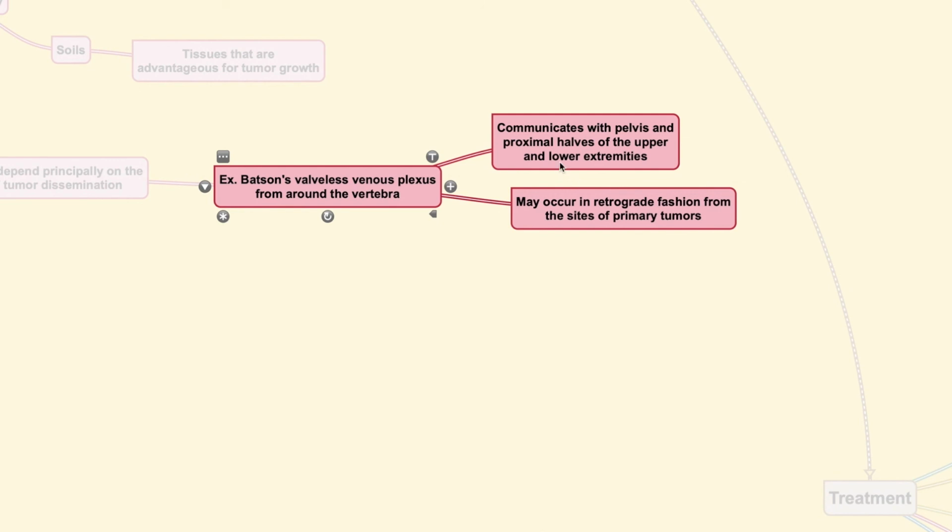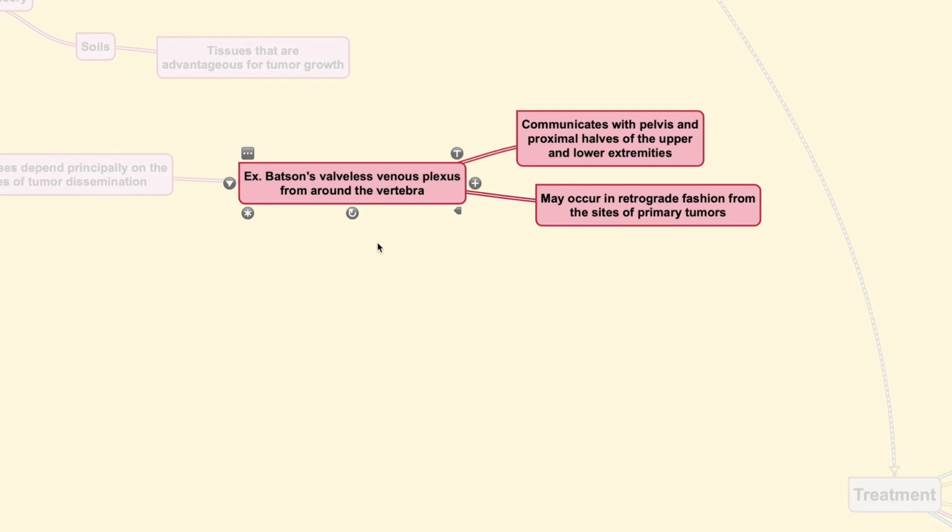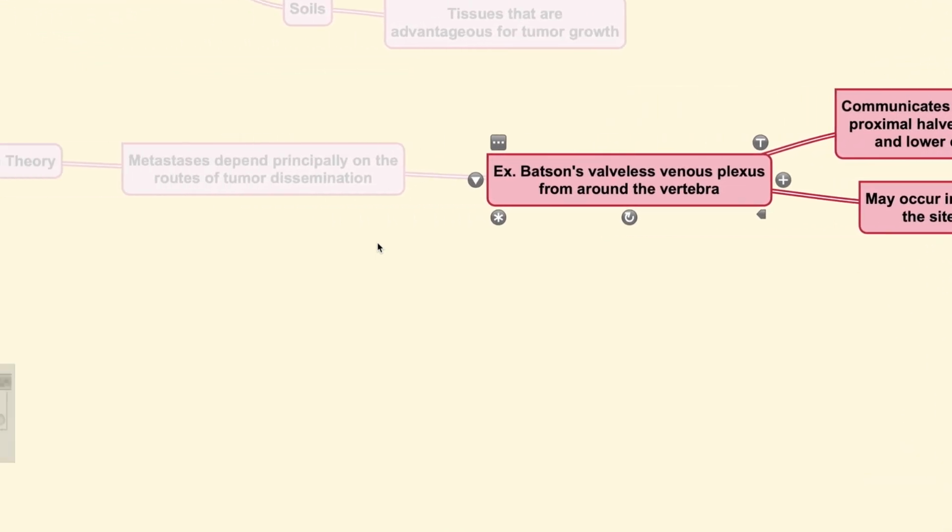The Batson valveless venous plexus communicates with the pelvic and proximal halves of the upper and lower extremities. It may occur in a retrograde fashion from the sites of the primary tumor, and it will nest inside the vertebrae, explaining why metastatic bone disease is commonly seen in the vertebrae.